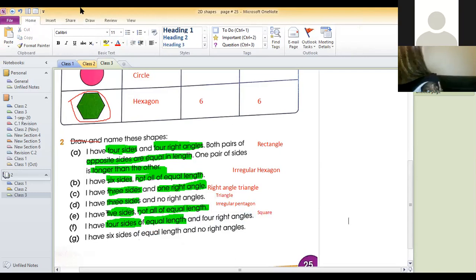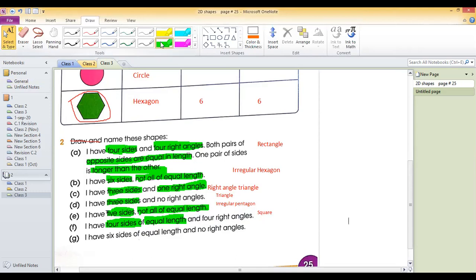I have six sides. Can you tell me which 2D shape has six sides? Regular hexagon. Hexagon. Very good. Now this 2D shape has six sides, and they are of equal length and no right angles.